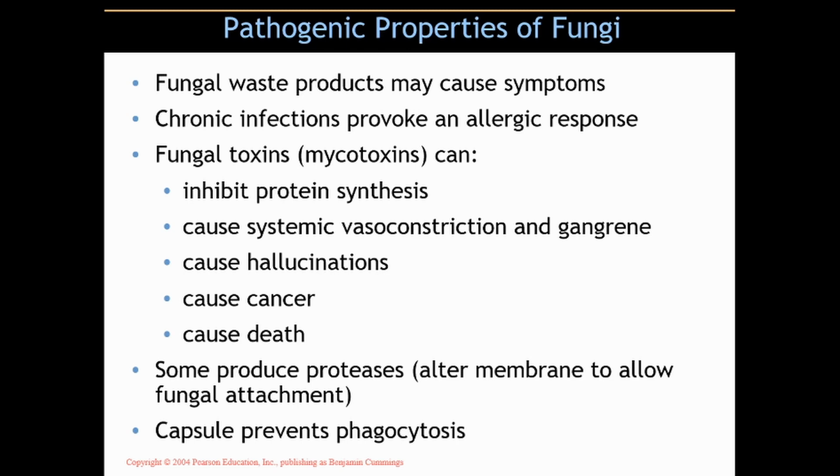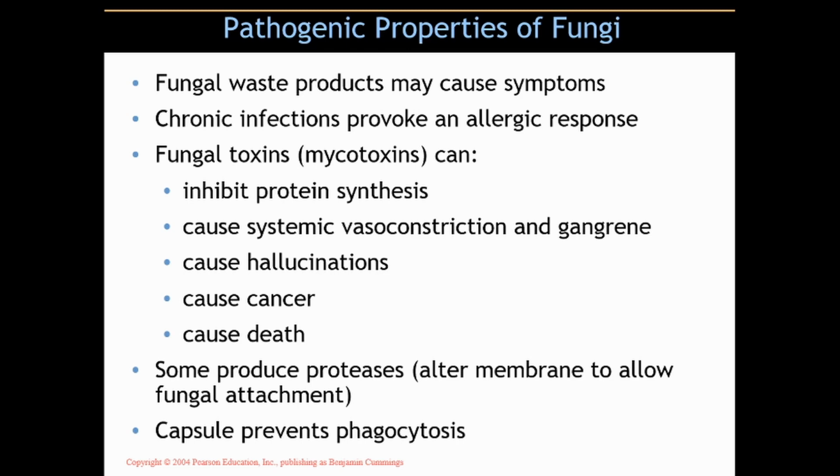They cause hallucinations, which some people voluntarily go after. And so these mycotoxins can become somewhat like a neurotoxin, causing hallucinations. They can cause cancer and death as well. With many mushrooms, for example, there are some that are deadly because their mycotoxins are so potent. They're so toxic to us.